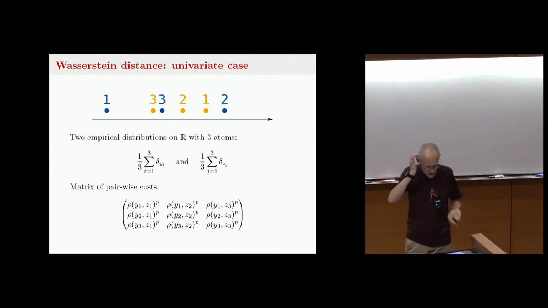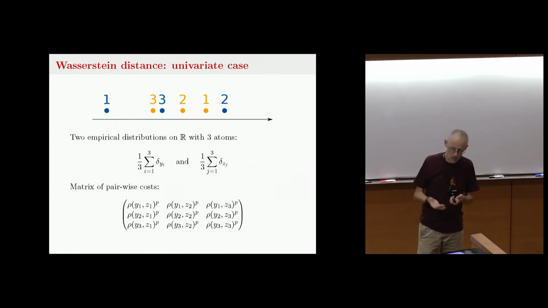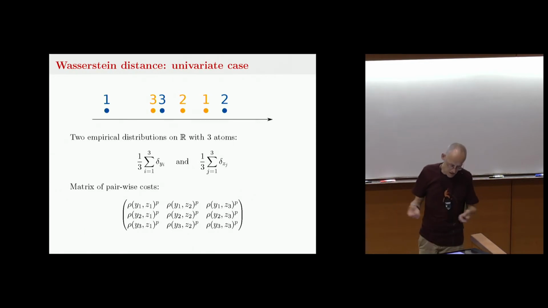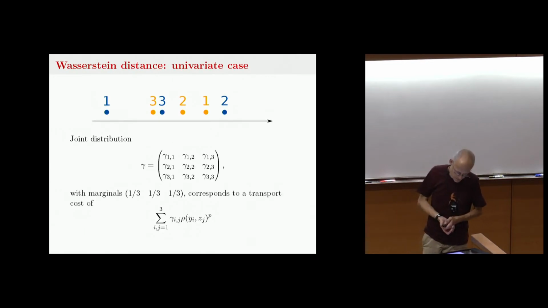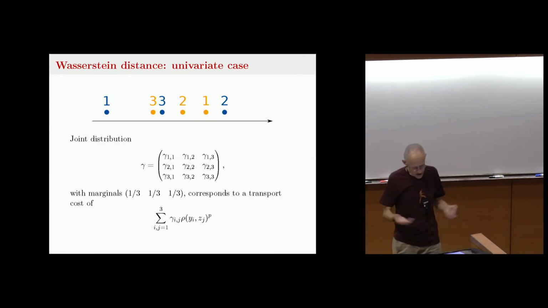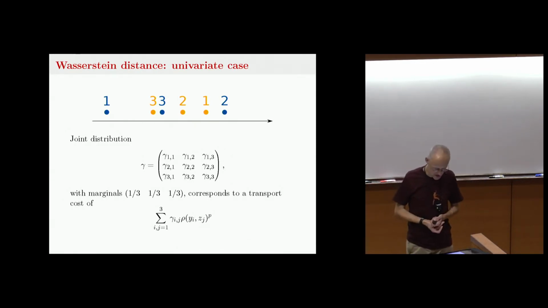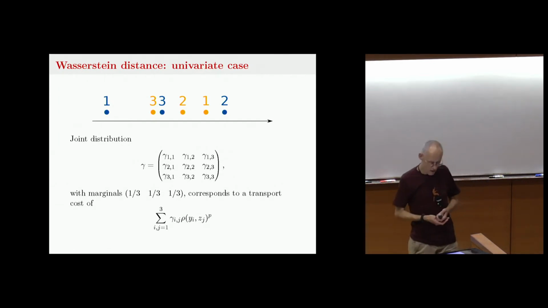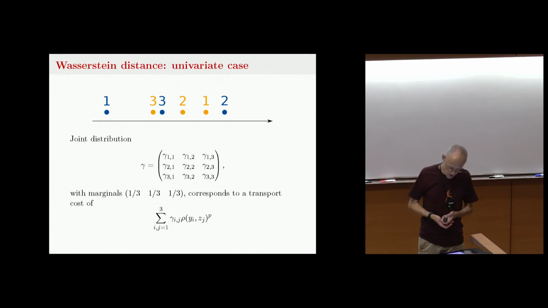And the question is how to weight jointly the pairs 1, 3, 1, 2, etc. to minimize this expected distance between the points. So you have to define a joint distribution, which here is a matrix with 6 entries, constrained by the fact that the marginals are 1/3, 1/3, 1/3.